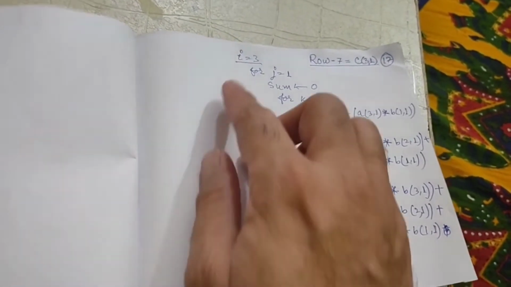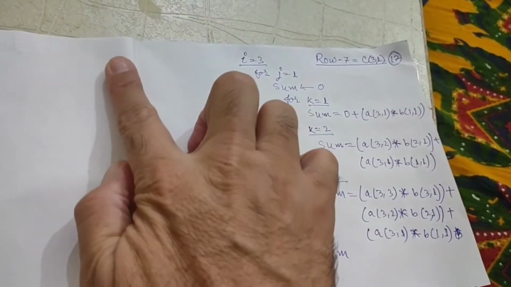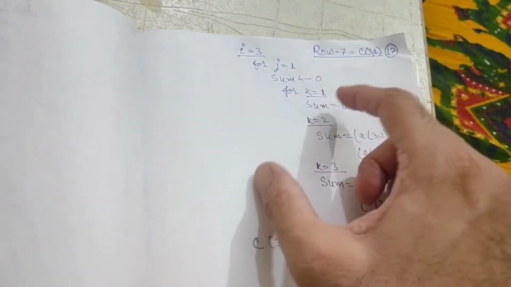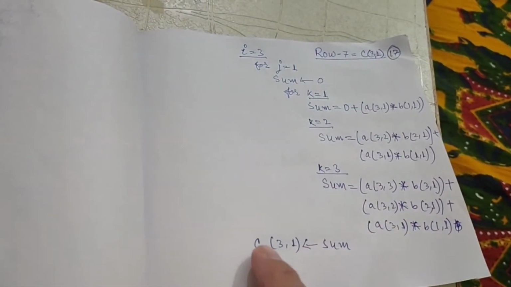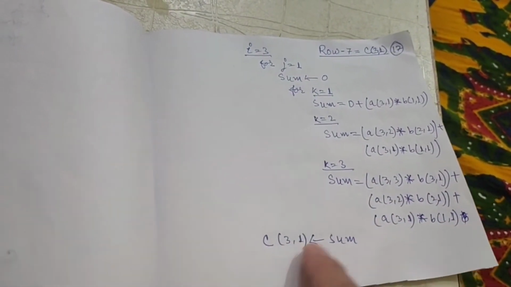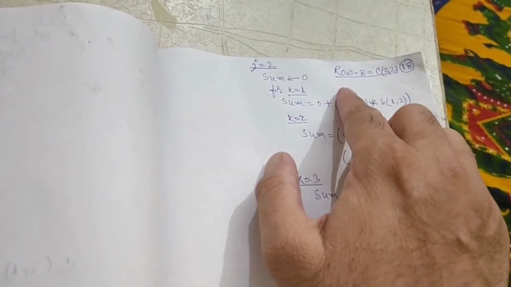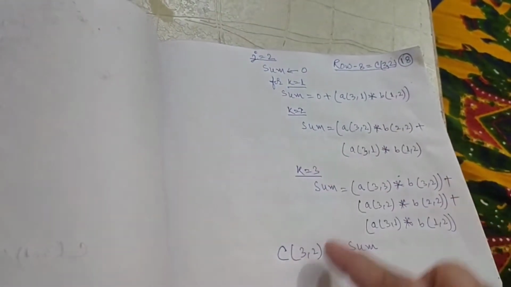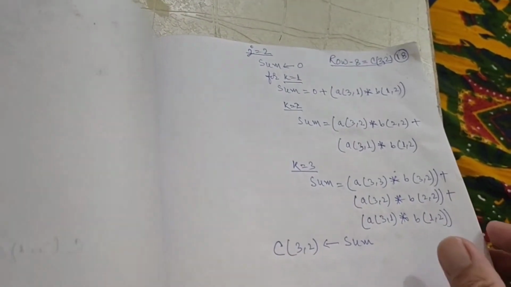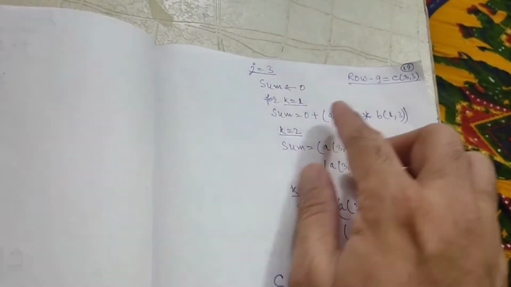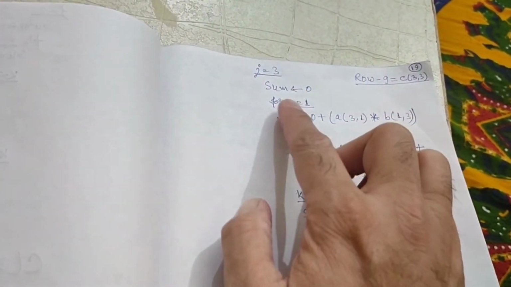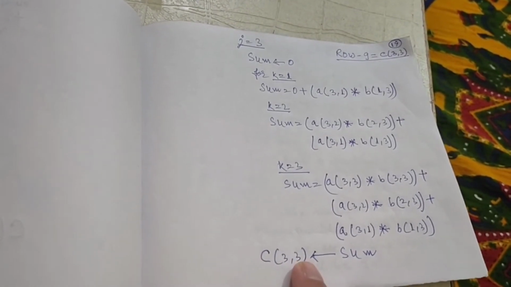Now i is equal to 3, again j is equal to 1, same part I will execute to get C31. 8th row j is equal to 2, I will get C32. 9th row j is equal to 3, sum again I will do the same thing to get C33.